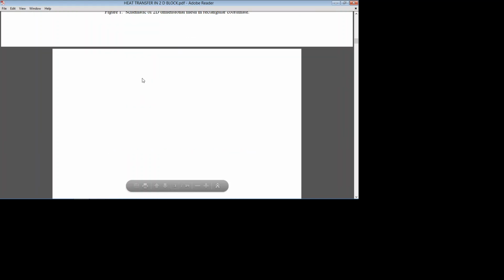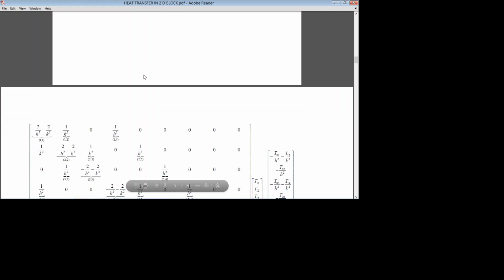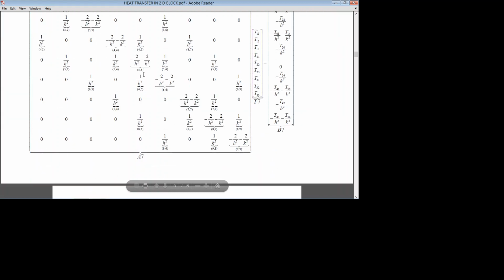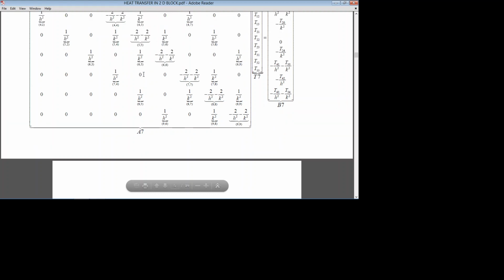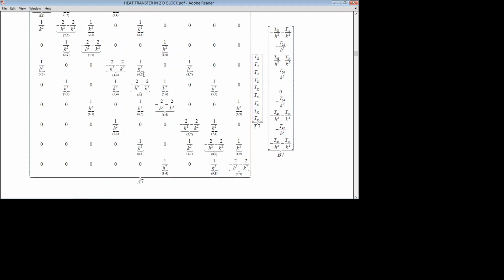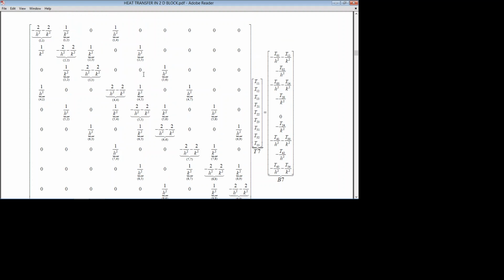By considering this, for 3 by 3 we will get this type of matrix. Totally we have 9 elements, a 9 by 9 square matrix.